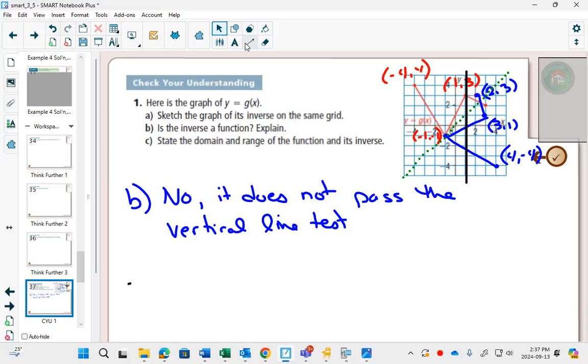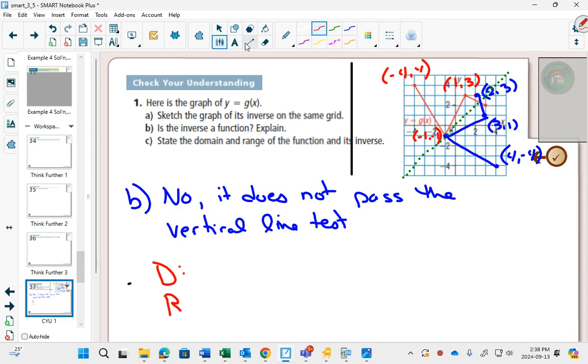Our red graph is a function because if I go across the red one, I never hit more than one y value. So every x value has only one y value. And that's the vertical line test. State the domain and range. This is also interesting.